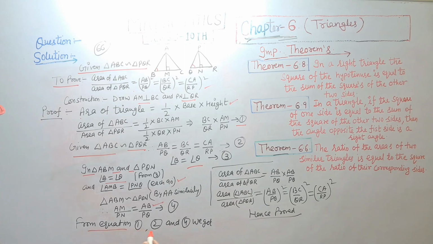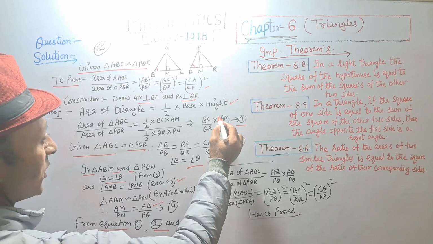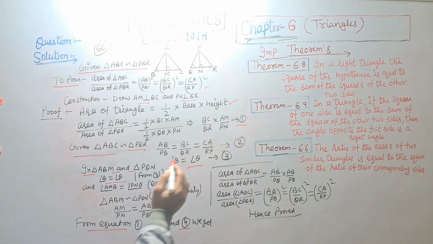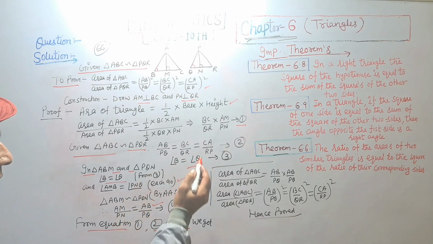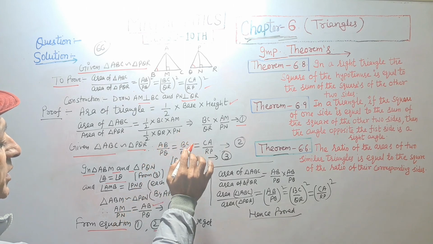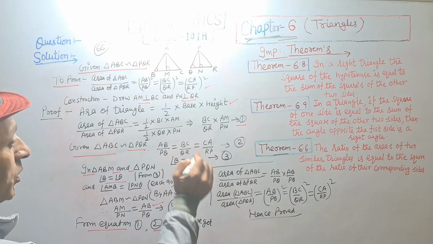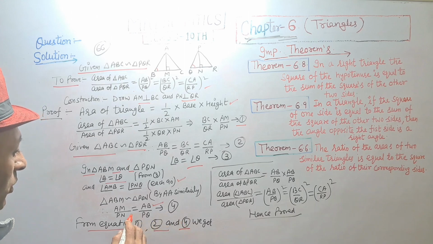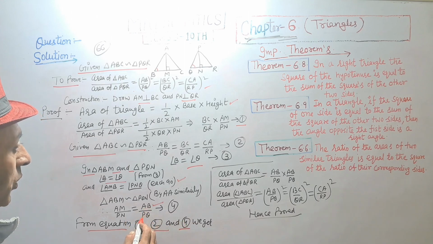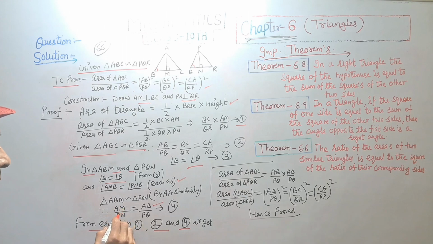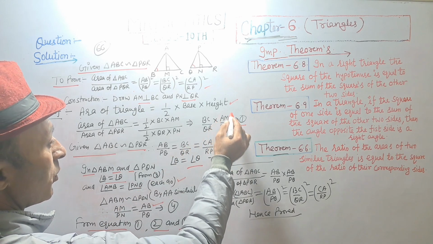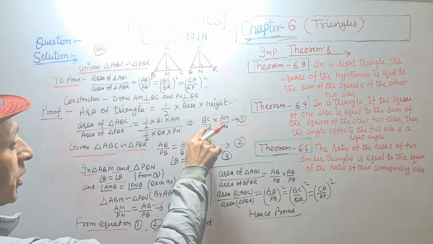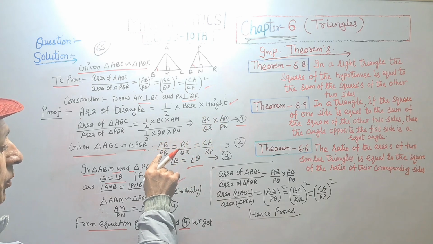So from equation first, second and fourth: equation first is BC upon QR into AM upon PN, equation second is AB upon PQ equal to BC upon QR equal to CA upon RP, and equation 4 is AM upon PN equal to AB upon PQ. BC upon QR is also equal to AB upon PQ.